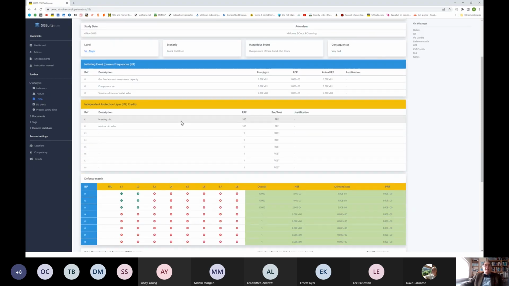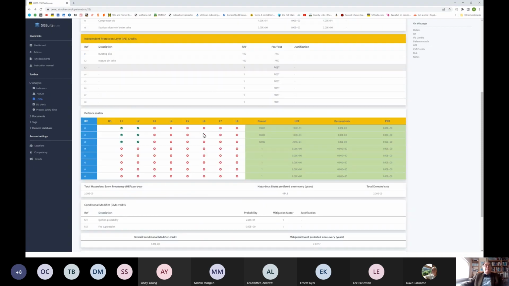In terms of independent protection layers, we have the two that we saw in the drawing, the bursting disc and the rupture pin valve, both of which are assigned a risk reduction factor of 100. In this defense matrix here, we indicate which protection layers defend against which initiating events. And if I hover over the ticks, you can see the combinations declared there.